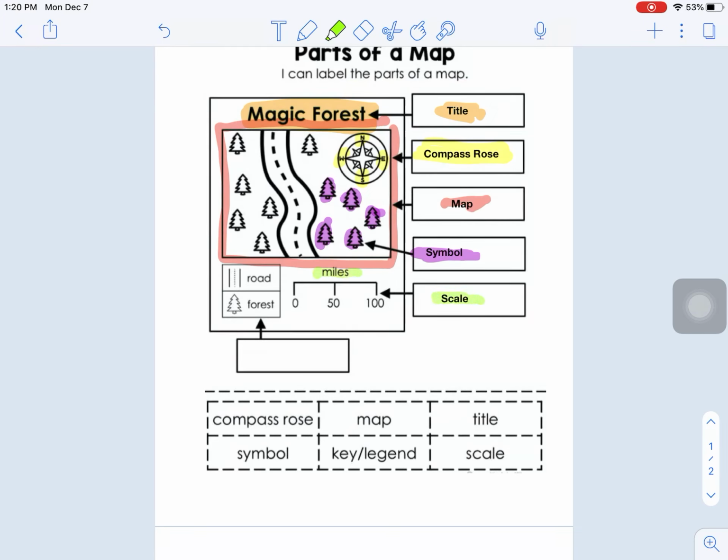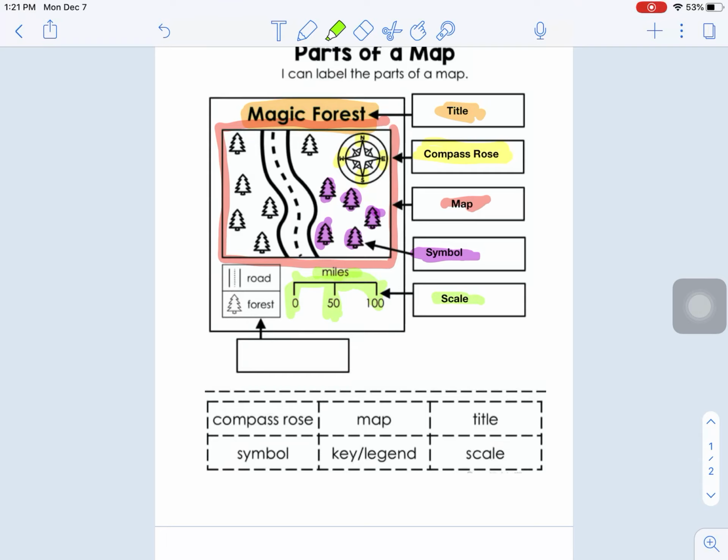So again, our scale is going to tell us how large an area is based on the size that it has given us here, which is miles, because we can't actually look at a map and see, oh, well, this whole map here is 50 miles. There's no way we could have a map that large. So we have to make it smaller. We scale it down is what we say.